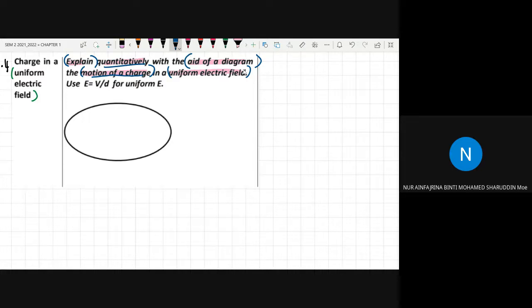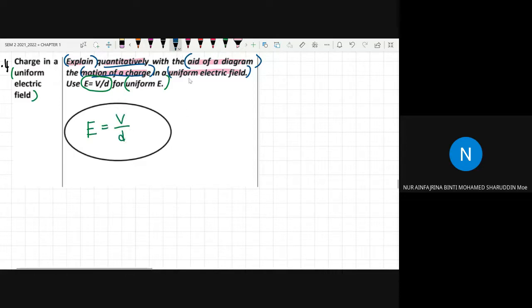Okay, so untuk cerita ini kita akan pakai electric field equals to V over d, electric potential over distance. Distance untuk uniform electric field. So kita akan pakai formula ni lah, E equals to V over d.